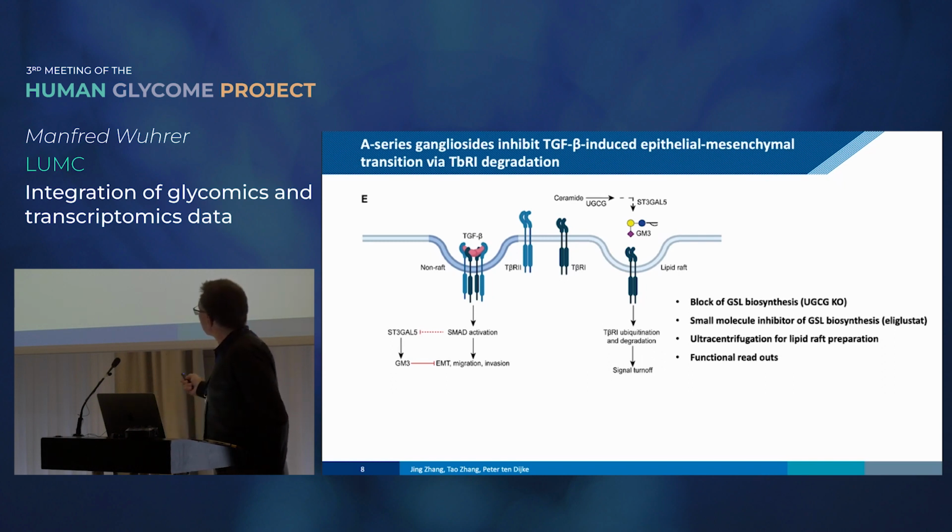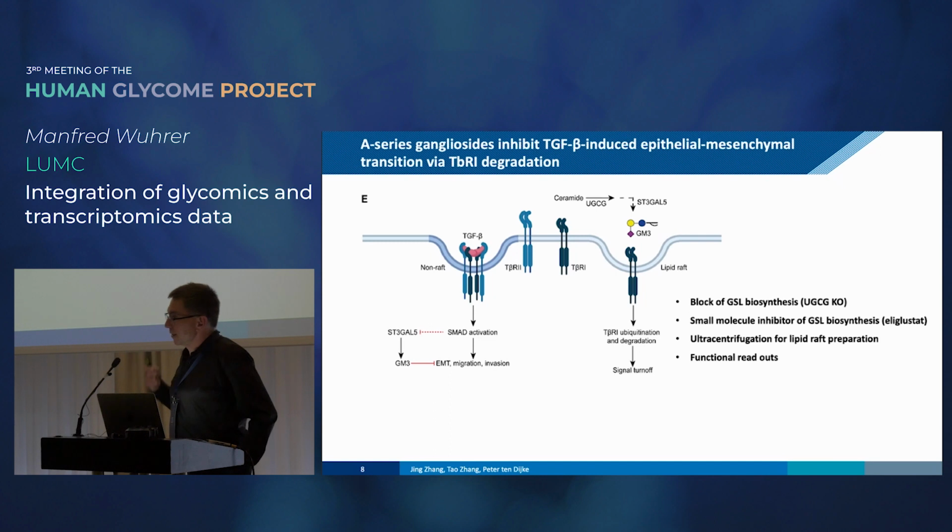We used ultracentrifugation of the membrane fractions to separate these microdomains. So we have a raft microdomain where the TGF-beta receptor is normally located, and with the glycosphingolipids added or increased, the TGF-beta receptor gets into these rafts and gets degraded.